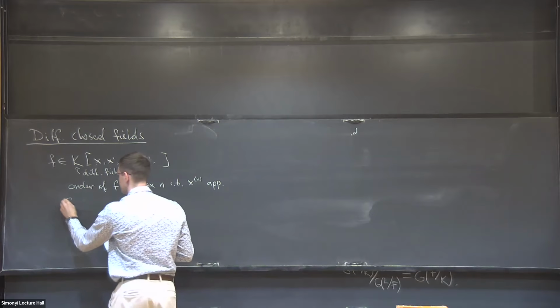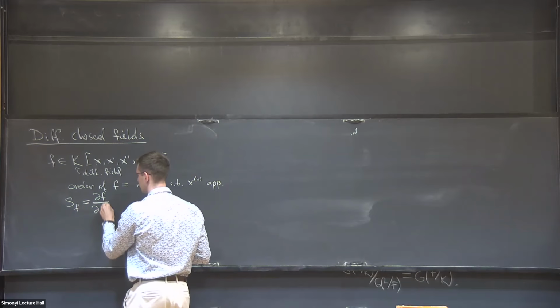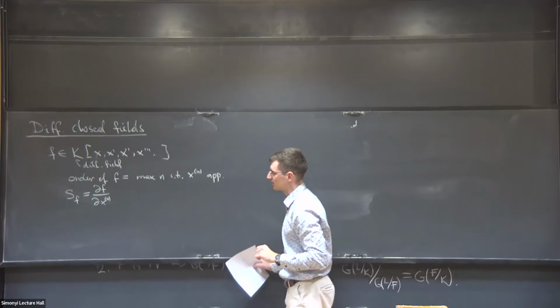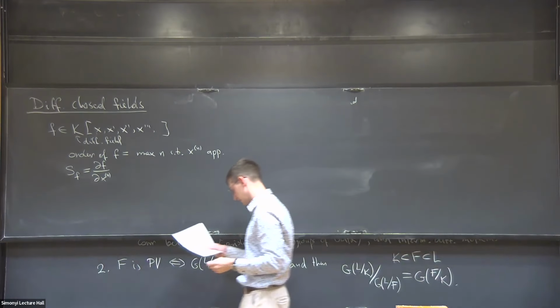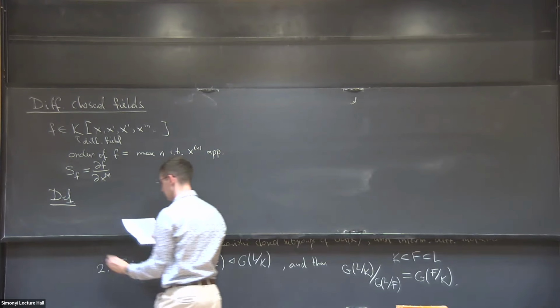And then I write S_f for the partial derivative with respect to this last formal variable. So this is what sits near this variable. Okay. And then I can say what differentially closed fields are.